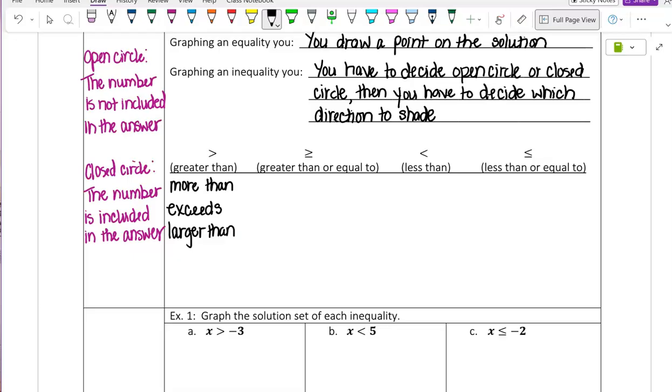Greater than or equal to, some words or phrases: at least, a minimum of, no less than.